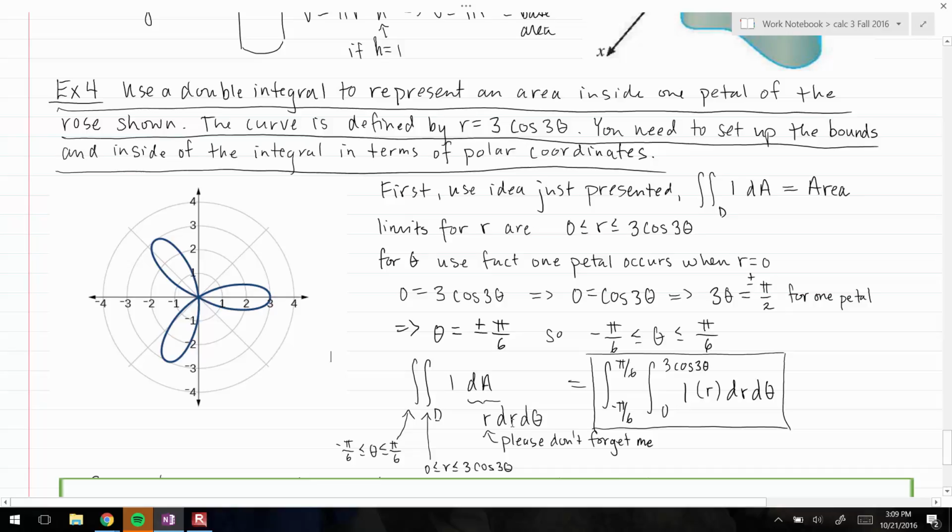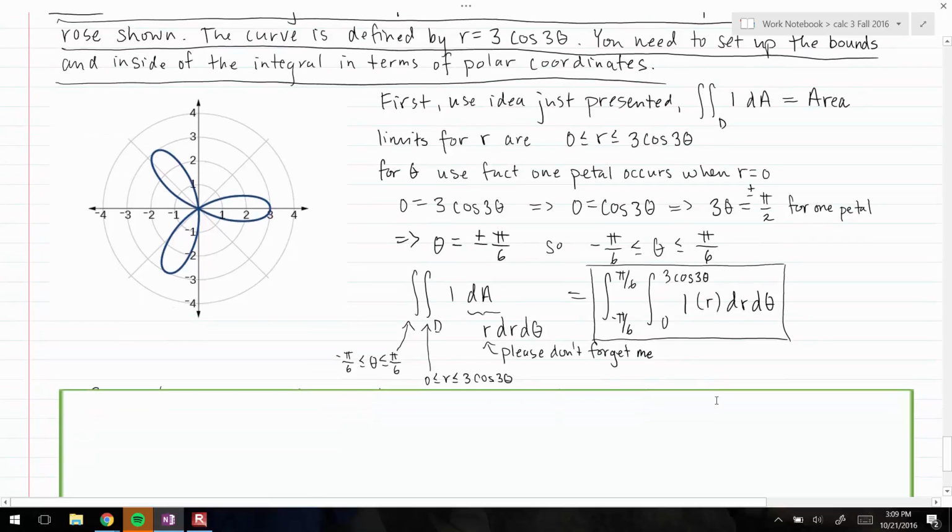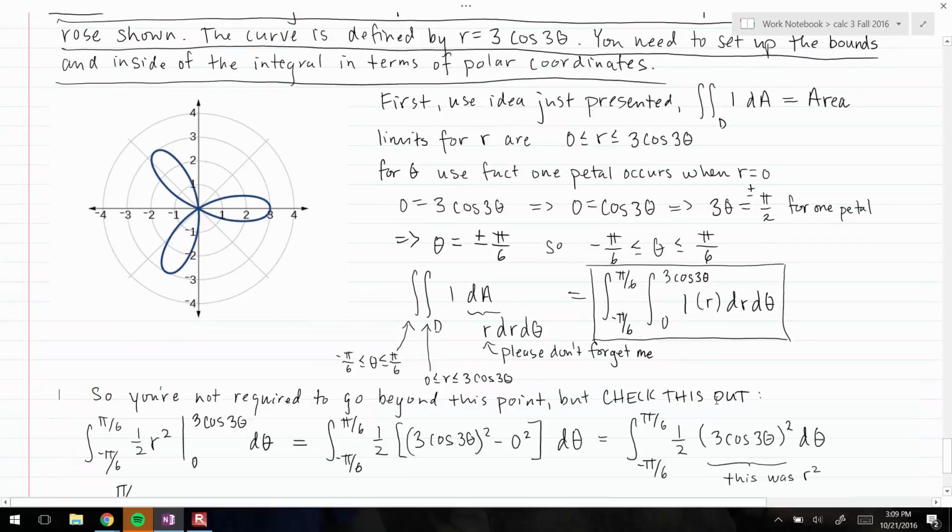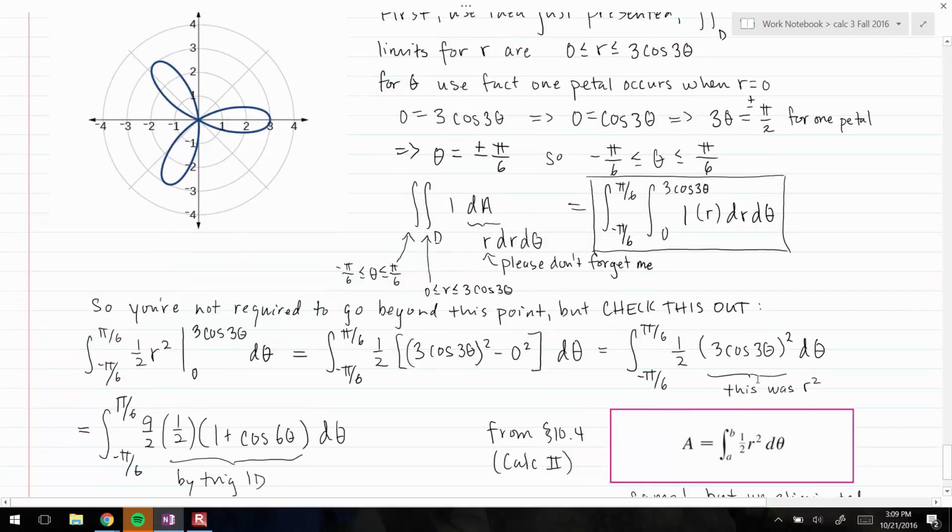For us, we have to put dr first because we have a variable bound for r. Then you get 1 times r, which is r, an easy integral, and you get 1/2 r squared.